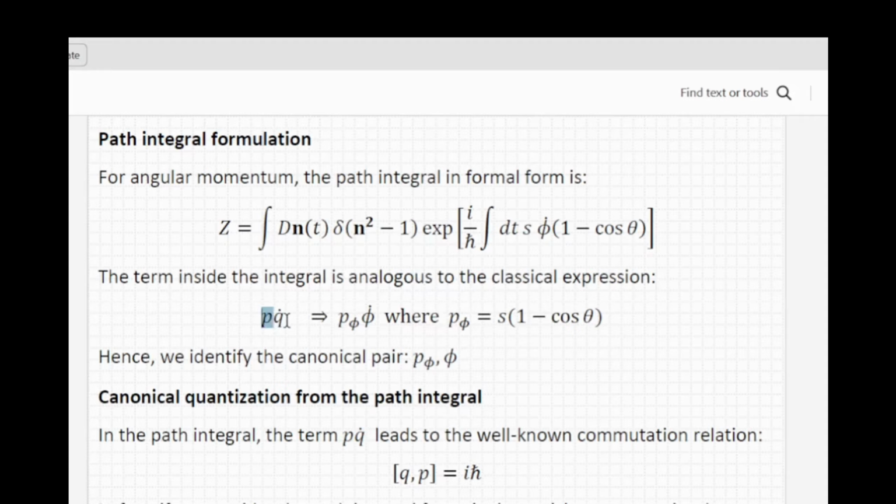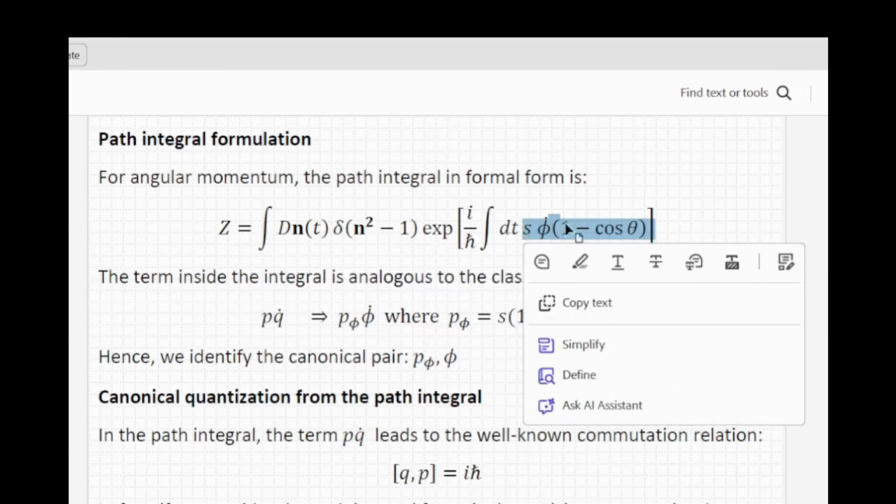So p q dot, if you remember, appears in the Hamiltonian of the particle, just to remind you of that. And in our case, instead of having p q dot, we can consider p sub phi times phi dot. And we can define p phi as s times (1 minus cosine theta), and that appears inside this Lagrangian.